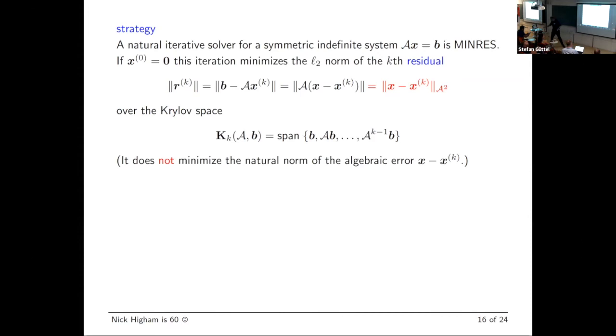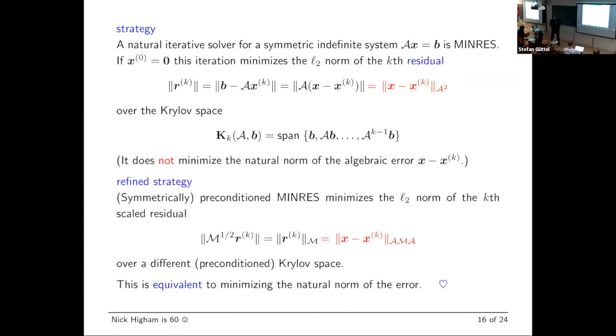However, when we precondition in this operator sense, we minimize a different norm, the M norm of the error. And when you translate that into the iterates, it's the MA norm. And remember, MA is essentially identity, so it is the A norm of the error. So you automatically minimize the right thing by running MINRES with this preconditioner, and the thing that's been minimized is exactly what you want to minimize.